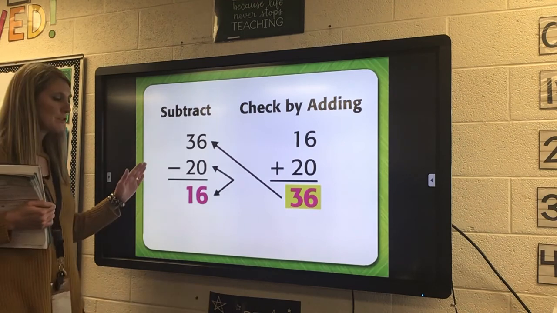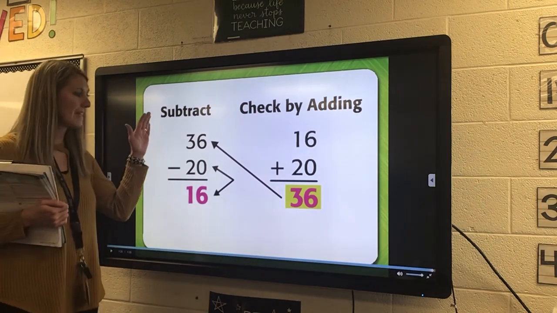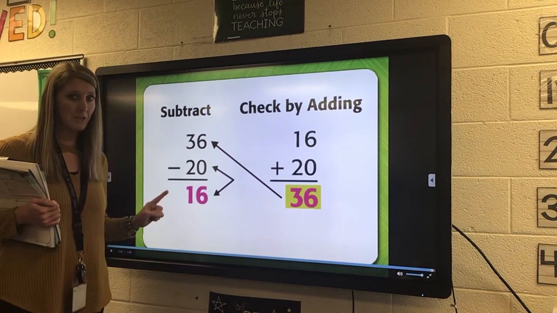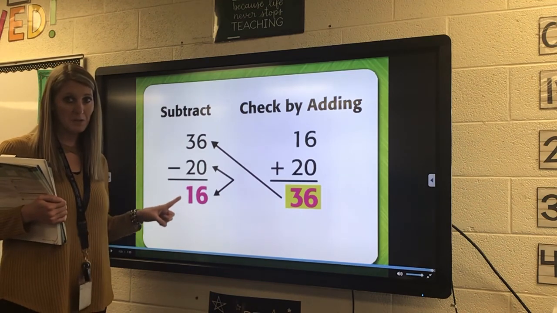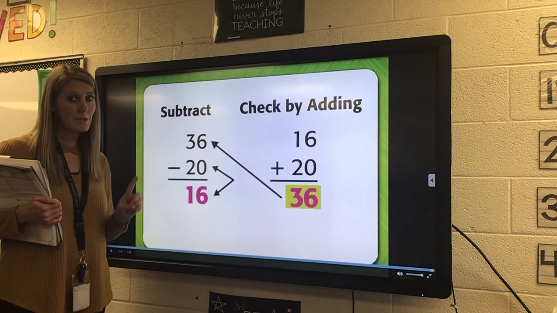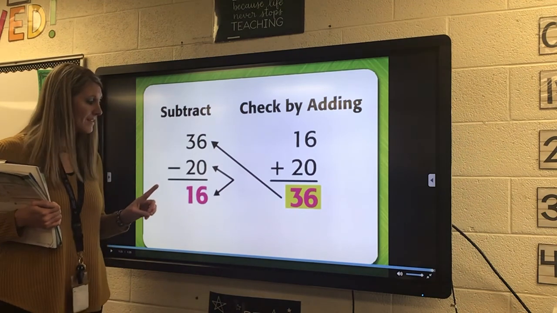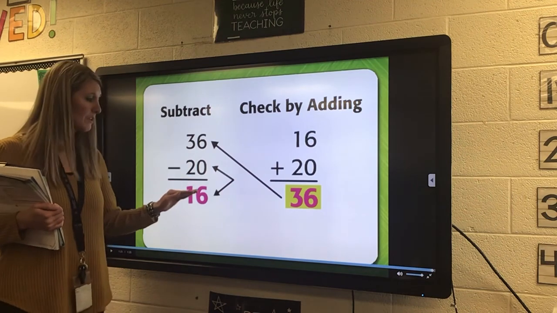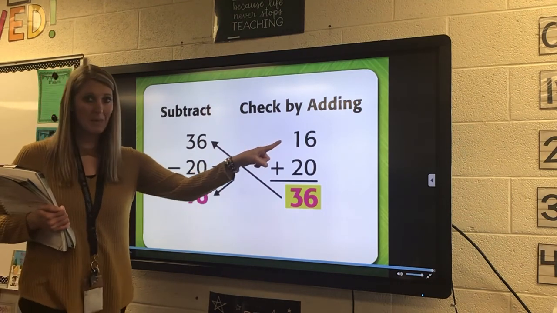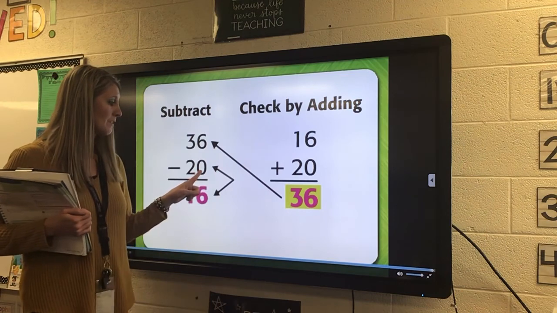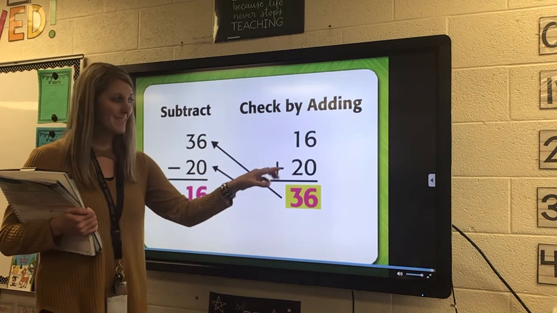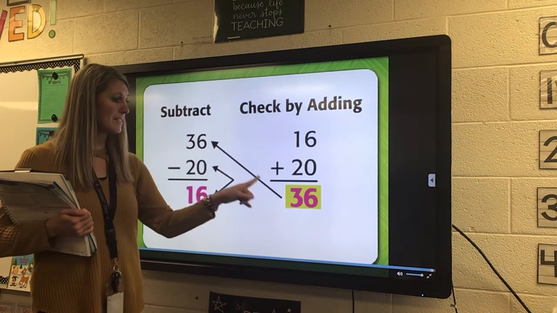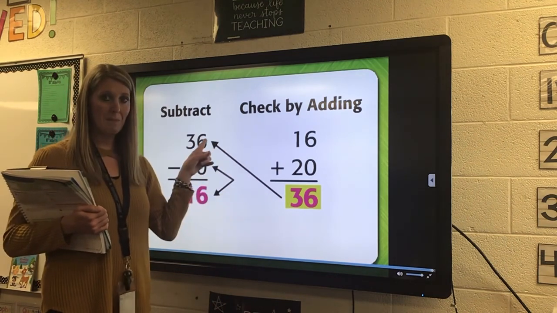Okay, so you should be able to see how they subtracted, and they want to double check to make sure their difference, or their answer, is correct. So one strategy, or one way to do this, is to check by adding back. What you do is you take this 16 and put it up here, and then you take this 20 and move it straight across, and when you add these two, you should get 36, which is up here.